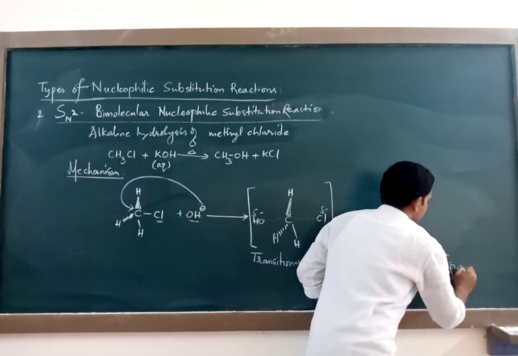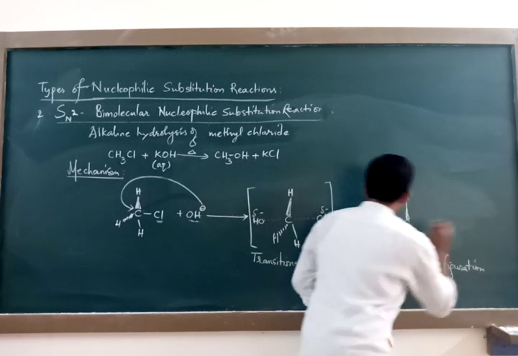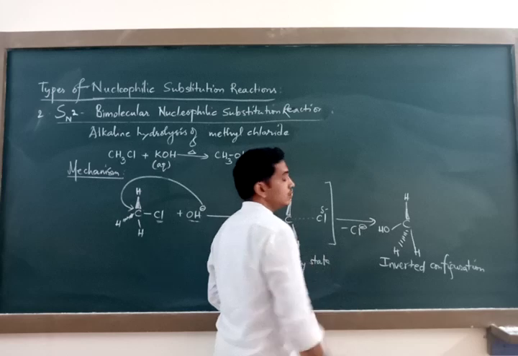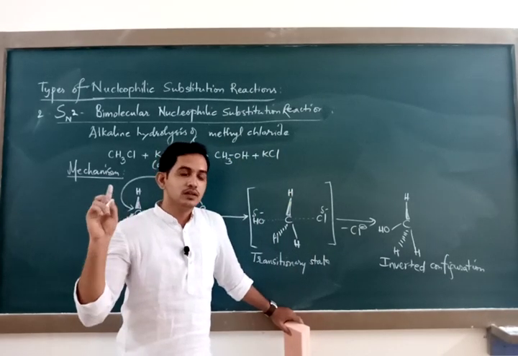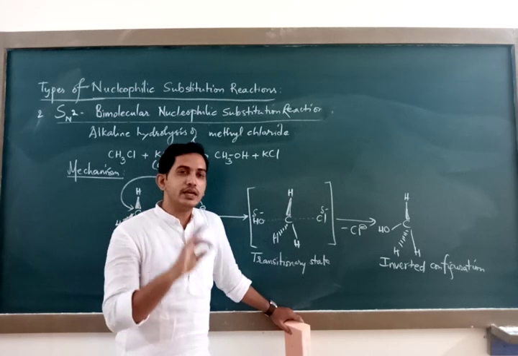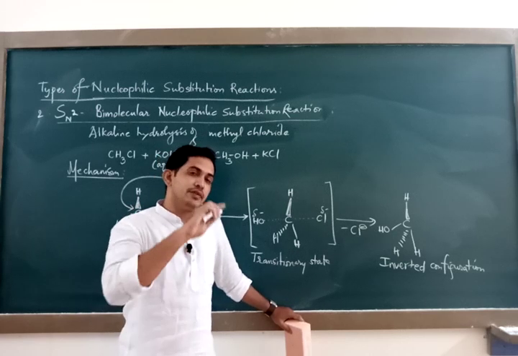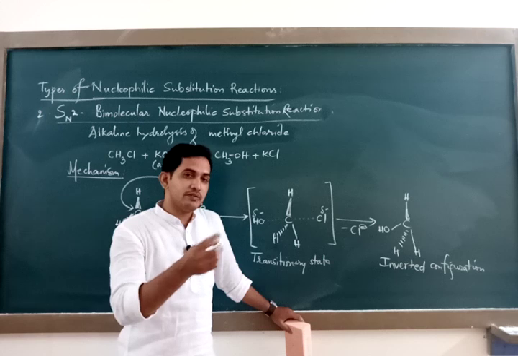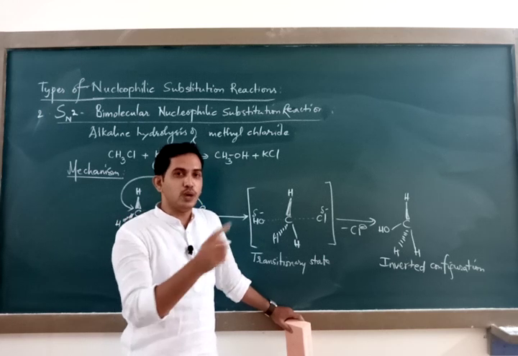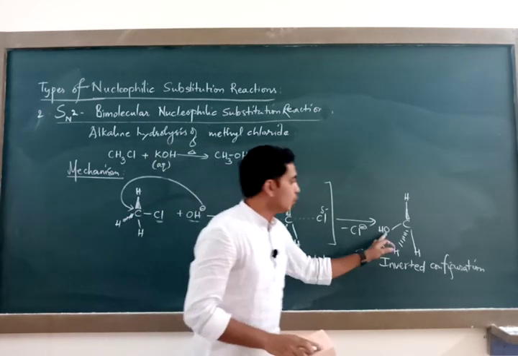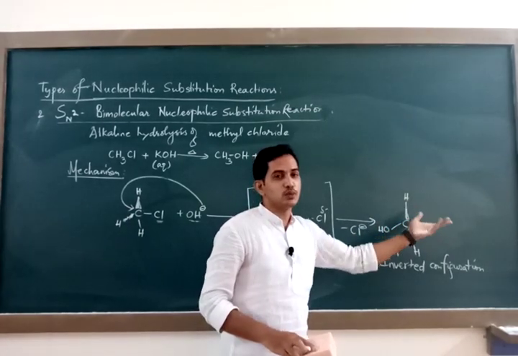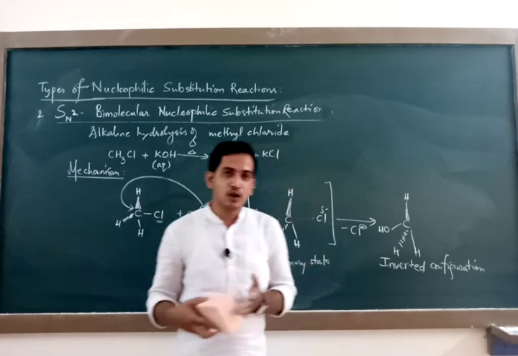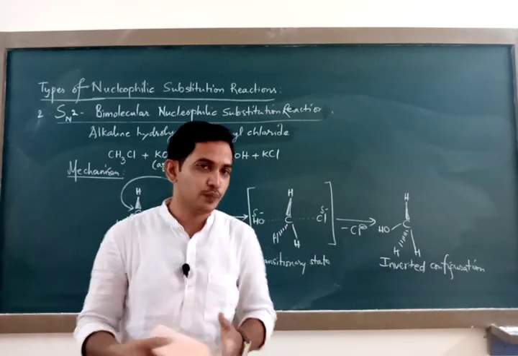Product is the same, you will get methyl alcohol but with inversion. The same did not take place in SN1 reaction, there retention took place. This means wherever halogen was present, in its place OH came. But here OH came at a place backside from where halogen was attached. So inversion in configuration takes place in SN2.